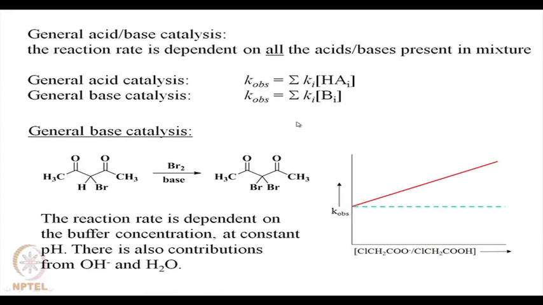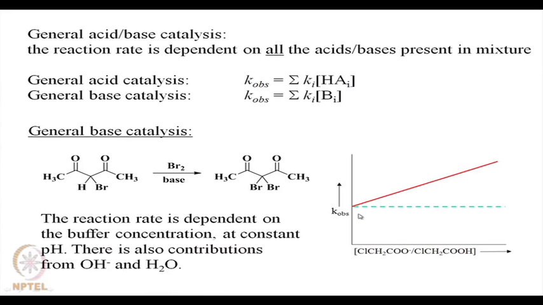An example of general base catalysis: you see the bromination of this one, the second bromination, in presence of base. So, the observed rate constant has been found to increase with your buffer concentration even if you fix the pH. So, this reaction rate is dependent on the buffer concentration at constant pH, and there is also a contribution of OH minus and H2O.